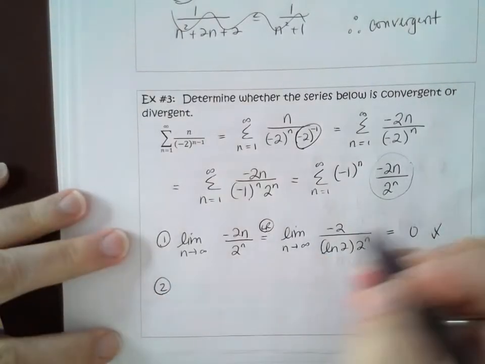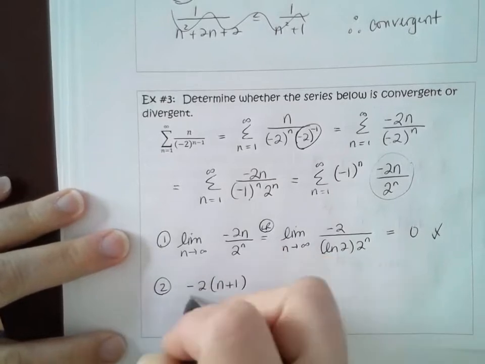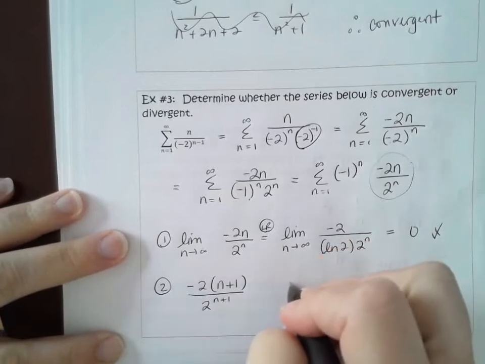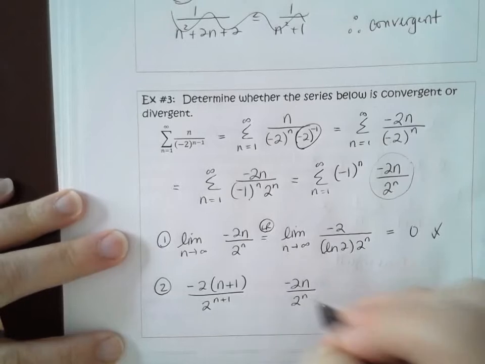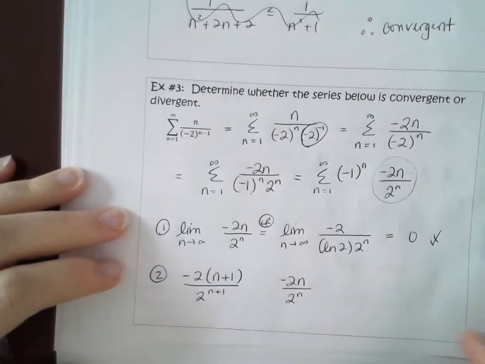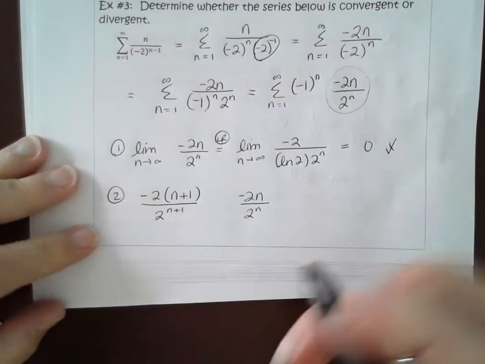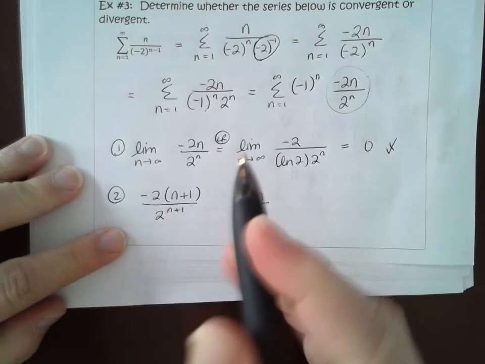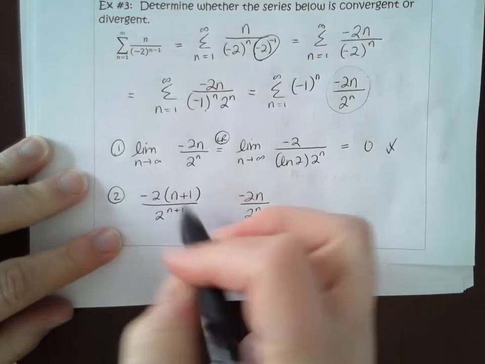But what happens when I plug in n plus 1 everywhere I have an n? Is this still decreasing? So this is going to take a little bit of manipulation on my part. This is 2 to the n times 2, right? I can break that up and I can divide it with that 2.